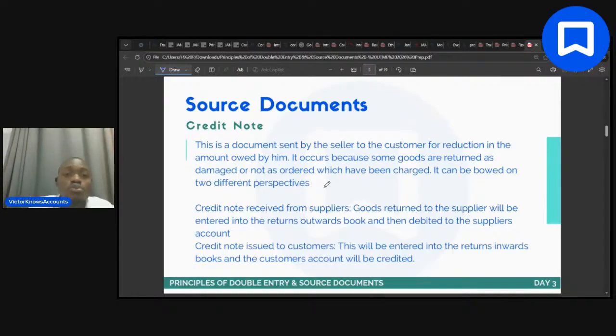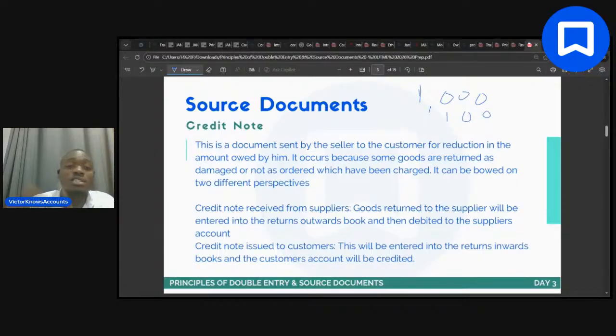So say for example you bought goods worth 1,000 naira, but you notice that 100 naira worth of those goods are not what you requested.